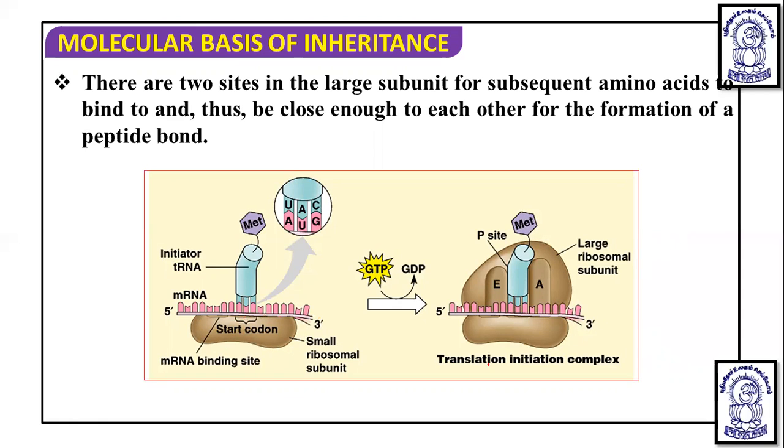This is known as the translation initiation complex, formed by the small subunit, tRNA and the large subunit. When the tRNA and large subunit join to initiate, it is a GTP driven process. We'll discuss that.